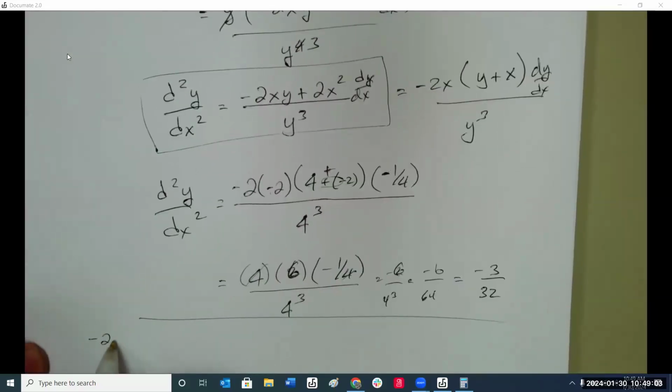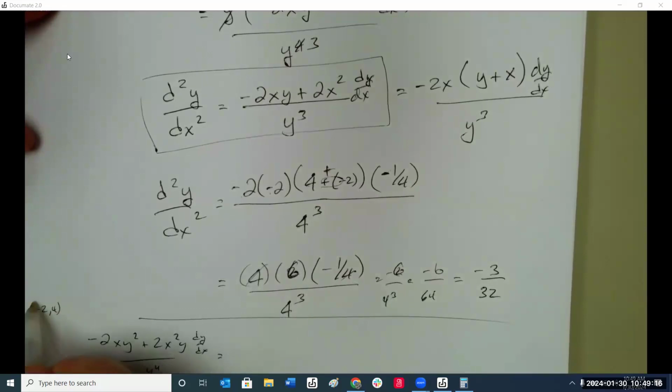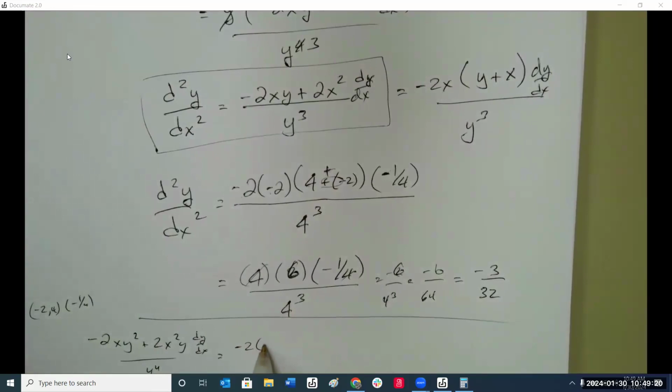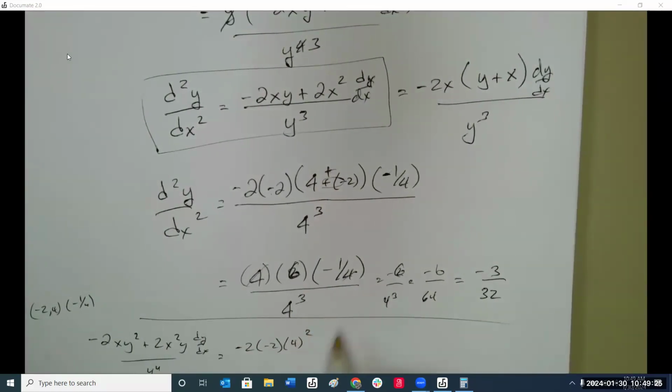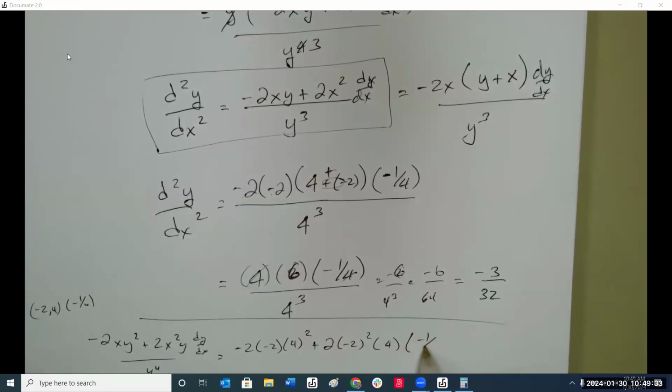So we have negative 2xy squared plus 2x squared y dy/dx over y to the 4th. We have x equals negative 2, y equals 4, and dy/dx equals negative 1/4. So we have negative 2 times negative 2 times 4 squared, plus negative 2 squared times 4 times negative 1/4, over 4 to the 4th.